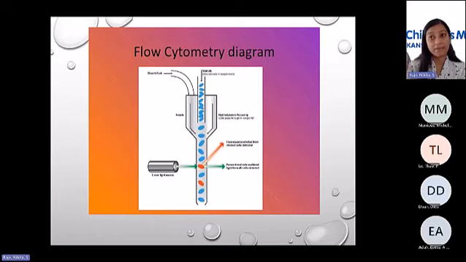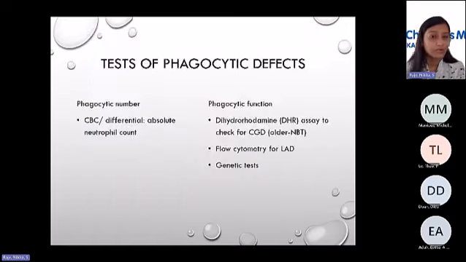So as they flow in one file, the laser is shone, and that scatters the light, and the fluorescence that is emitted is looked at by the machine, by the computer system, and shown in histograms to show what cells are high or low, or count those numbers. So that's flow cytometry in a nutshell.